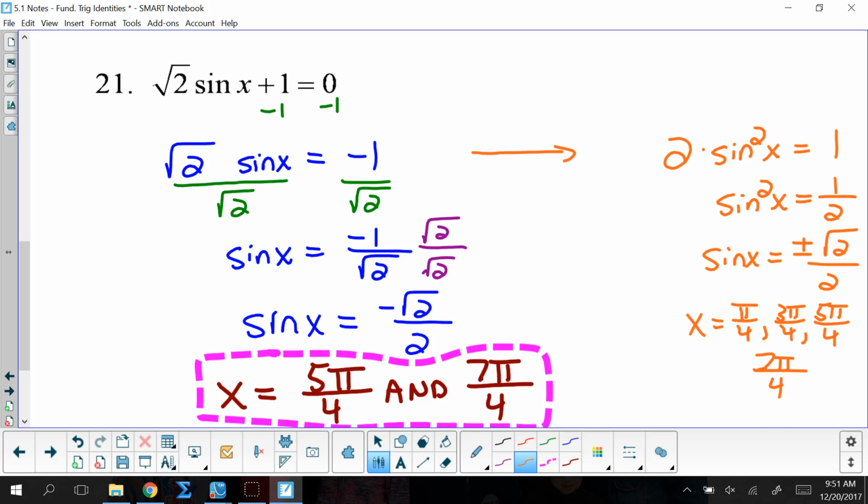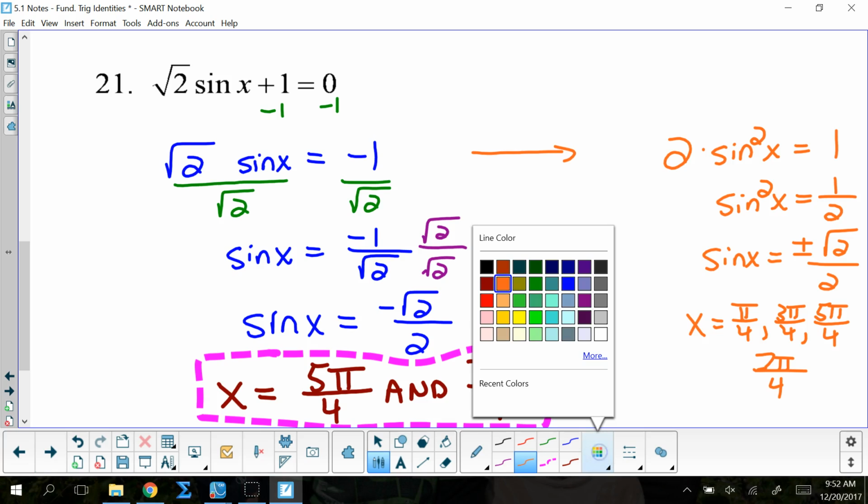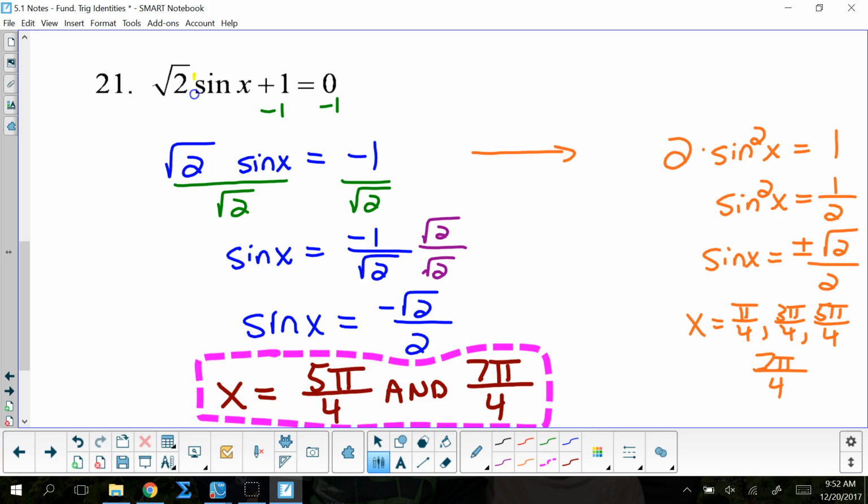So you get them, but they're just too many. Because if I dive deep into this problem, this right here has to be negative, because I've got a positive number times something, plus 1, equaling 0.